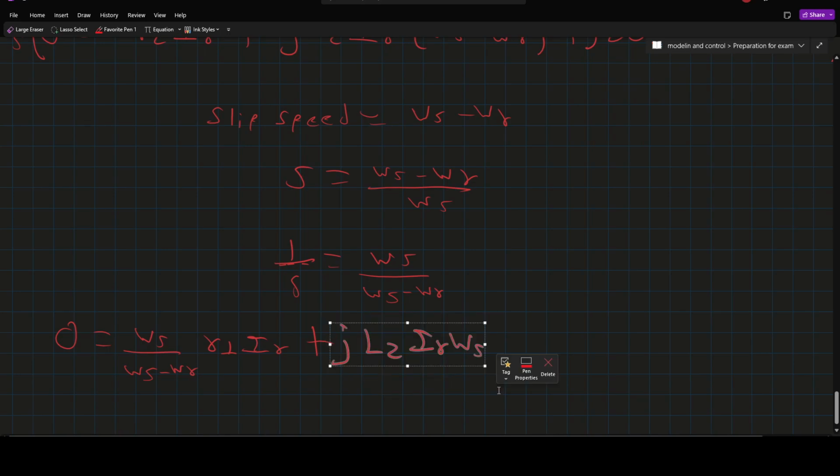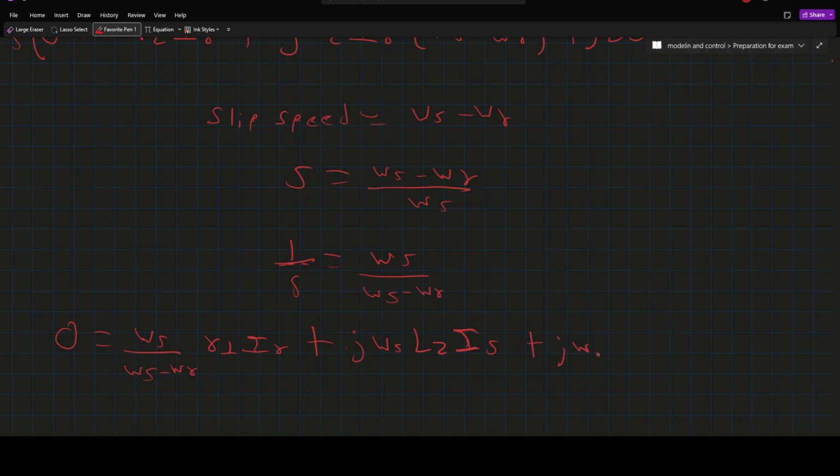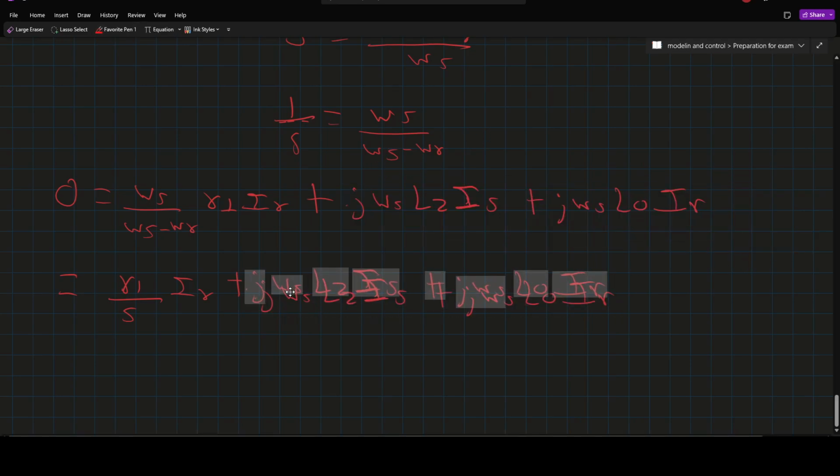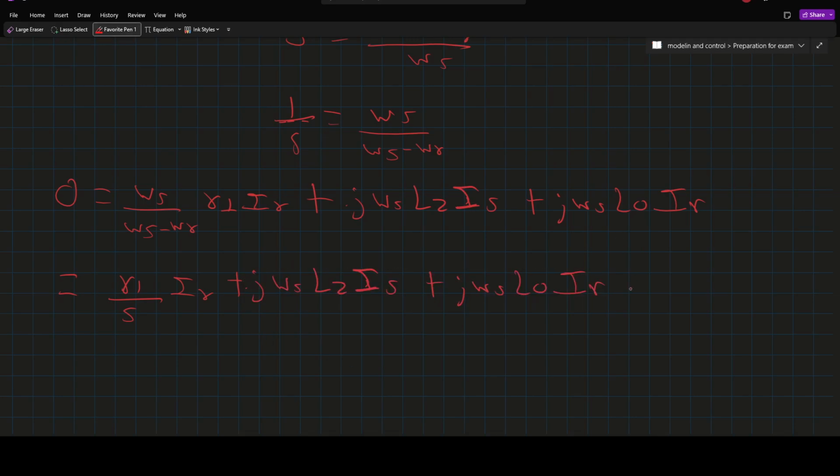So we are going to have j omega s L2 IR, that's better, plus j omega s L naught Is. We can go a little bit further and say that this is 1 over our slip, so we have here R2 over slip times IR plus all of this. And like this, we have our second equation.